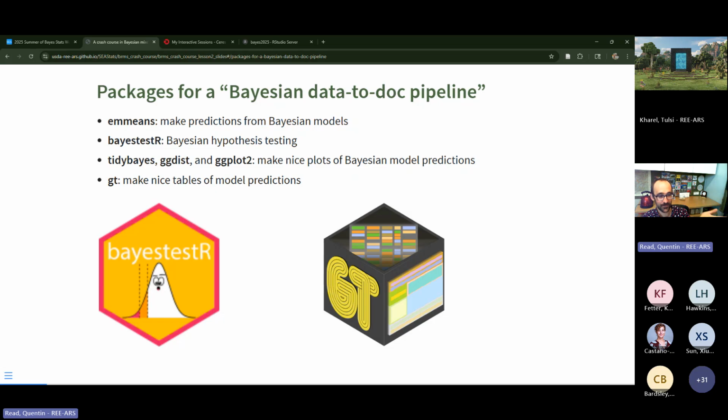There are different packages needed on each step of the way, especially, we've used emmeans and bayestestR already. We're going to use tidybayes and ggdist to make the plots, and gt is a very nice table creating package in R that can make tables of the parameters and predictions and things.